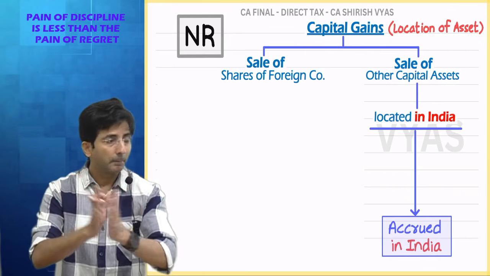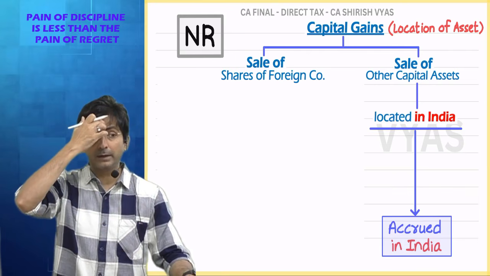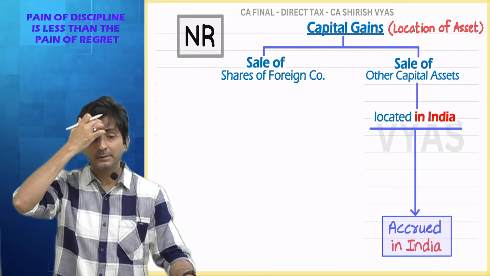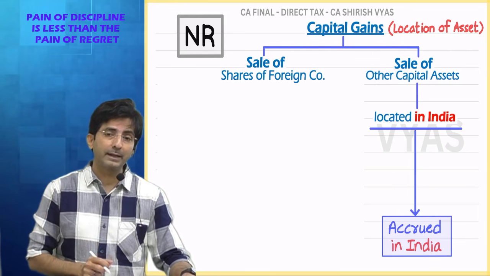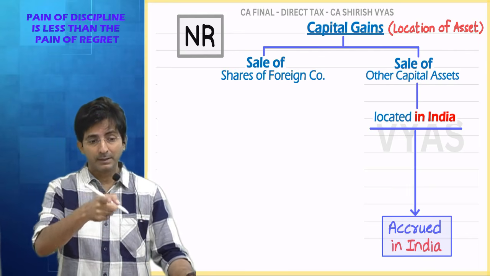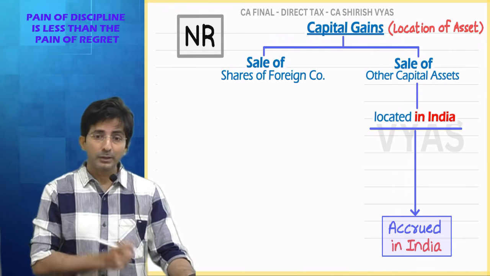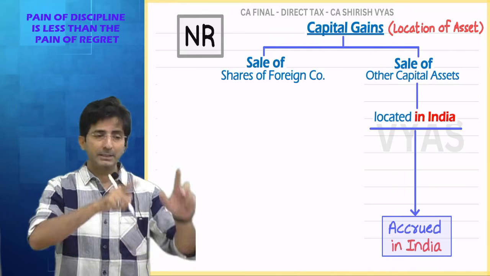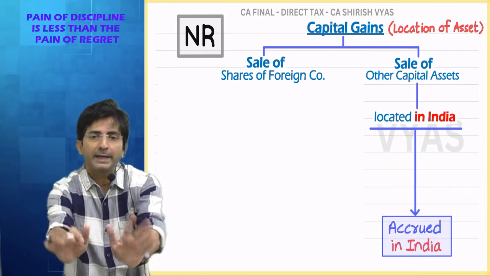But for some assets, physical location becomes difficult, like debentures and bonds. How will you decide that debentures and bonds are located in India? Capital gains come from shares, debentures, bonds also. So your company matters. If the shares, debentures, bonds are of an Indian company, they are located in India.